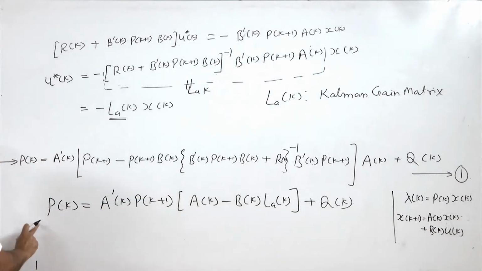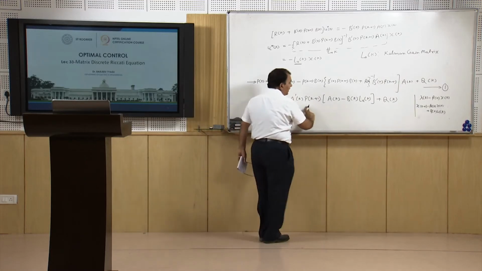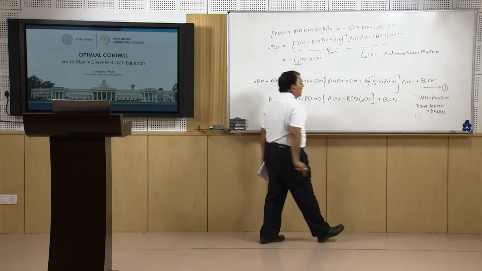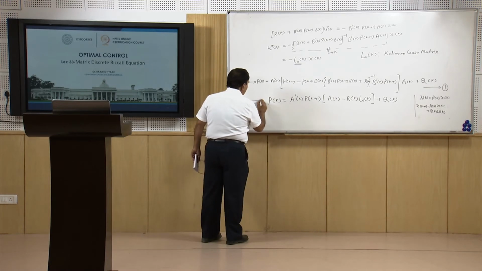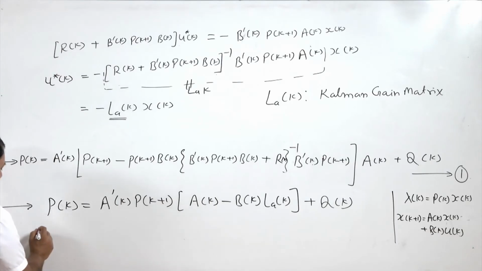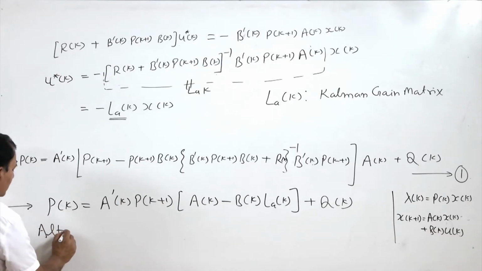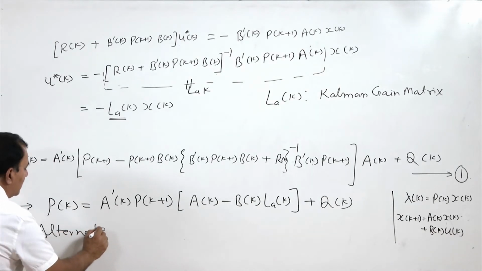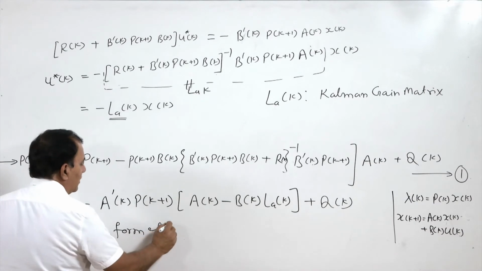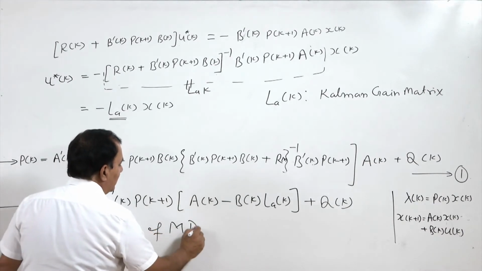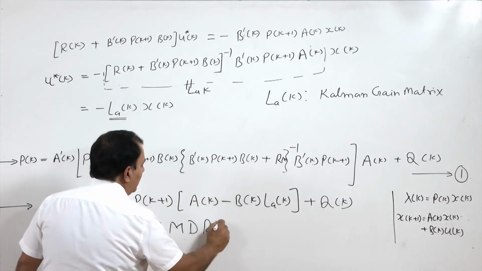This P k can alternatively be written in the form of L a k by this equation. So, this will be my alternate form of the matrix difference Riccati equation.